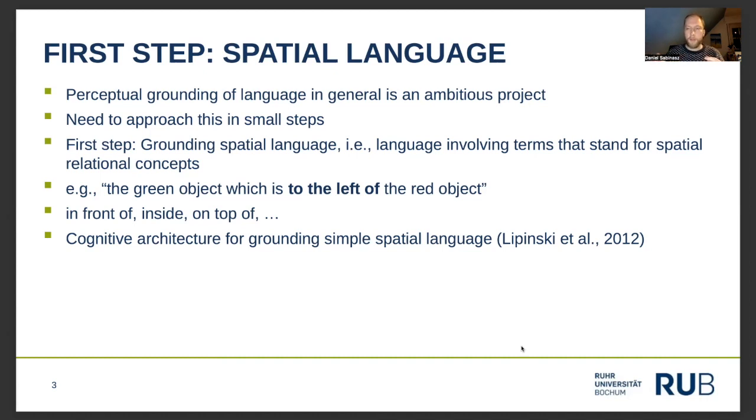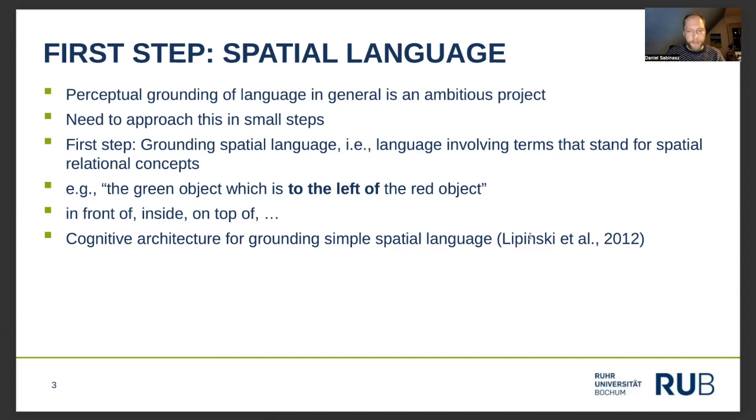And the first work along these lines is a model by Lipinski et al. 2012, so that's the reference here. That starts with what they refer to as spatial language. So, like I said, the perceptual grounding of language more generally is too ambitious to address immediately, but rather you have to build towards that step by step.